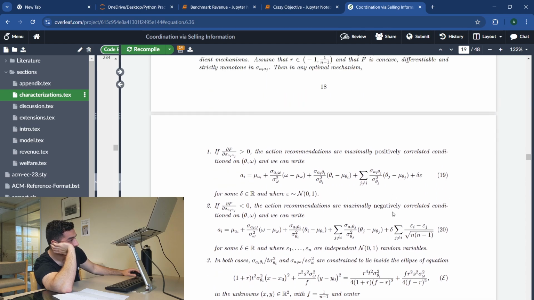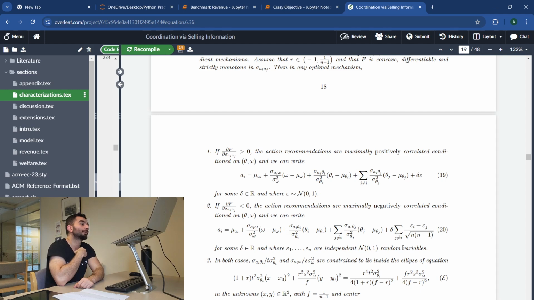Do they have the same sigma A squared, delta squared, sigma epsilon squared, which is 1? This is delta squared, j less than I or j not equal I.